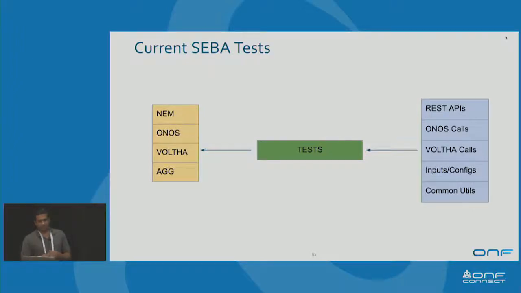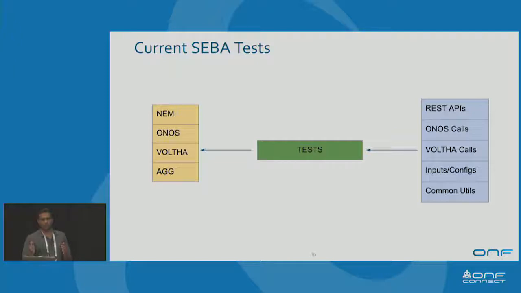So the current SEBA test, this is what the framework involves. On the right here are the inputs, and this is what drives the test and the behavior of the test. The tests actually use REST APIs. In some tests, we also upload Tosca recipes to easily configure the pod. But in some of the tests, because they're focused on feature testing and certain behavioral testing as well, we just use REST APIs.